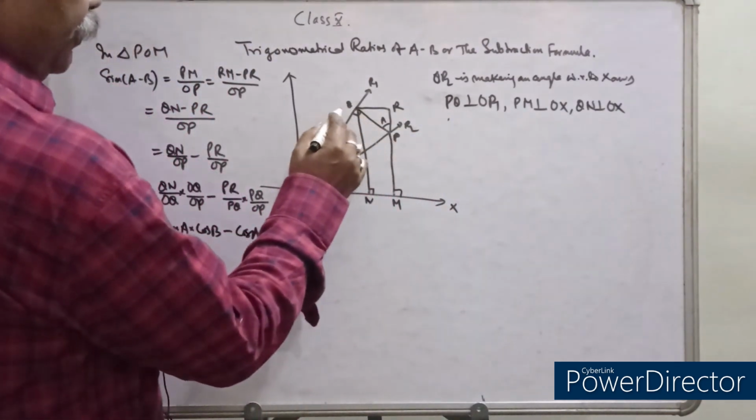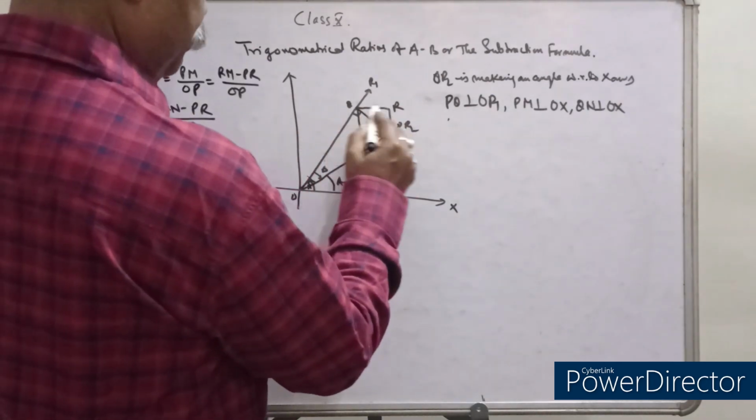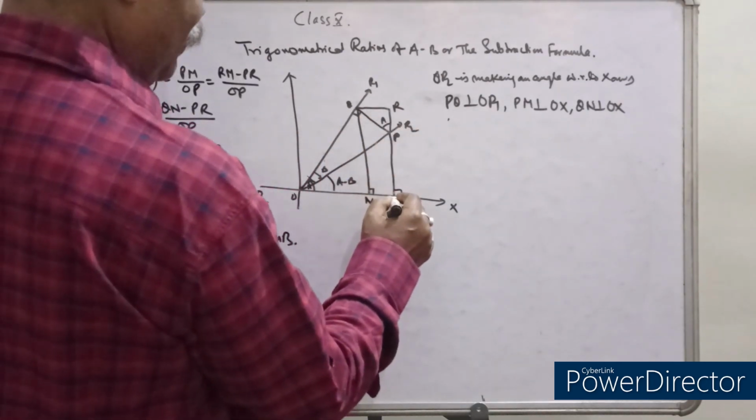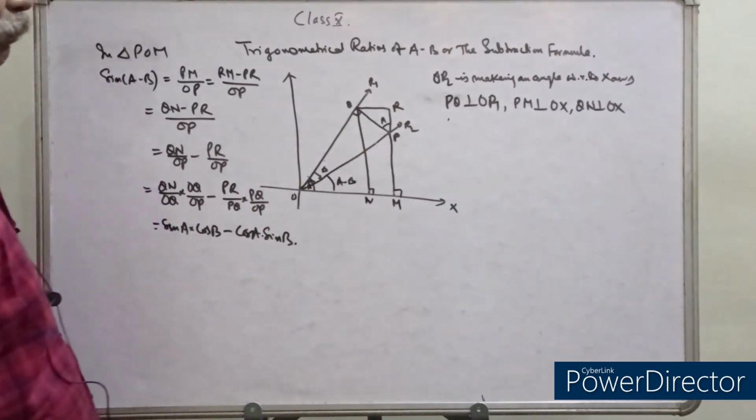QR is produced and PM is produced, which intersect at R.